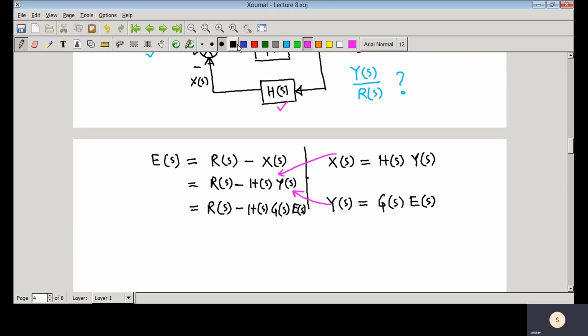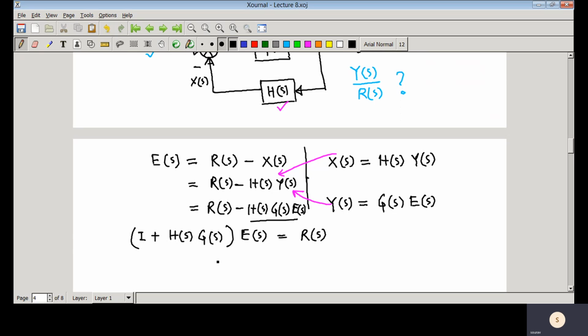Then if you simplify it, you bring this right hand term to the left, and you will get I plus H(s) G(s) into E(s). I have taken E(s) common, equal to R(s).